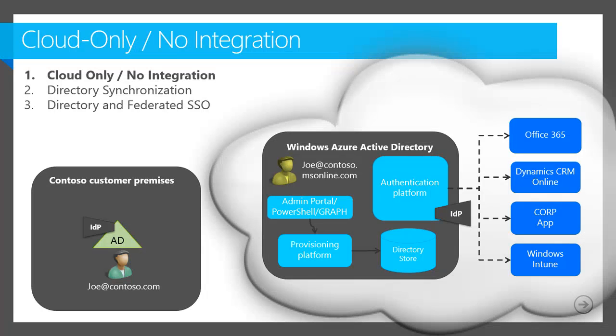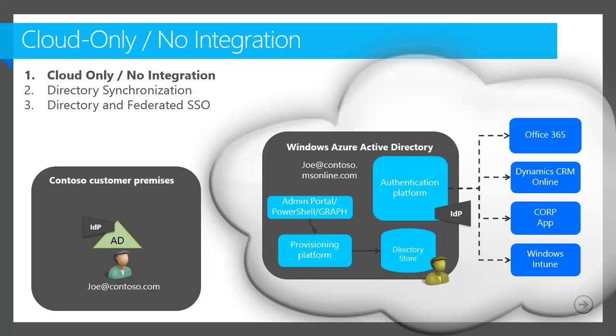and create a user account. Or you could even add a managed domain name, so you could have contoso.com up in Windows Azure Active Directory. But the reality is that user account is going to be totally separate. The username might be the same, the domain name might be the same, but you're going to have two user accounts and two totally separate sets of passwords.